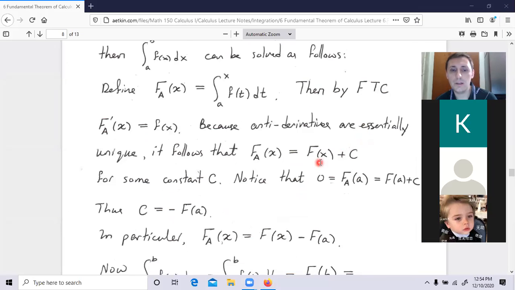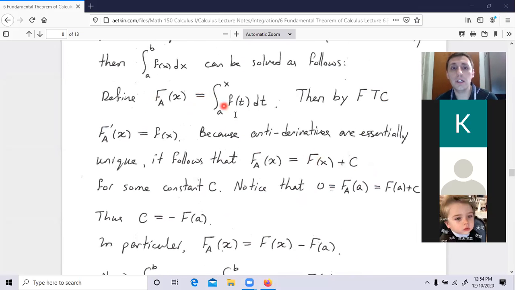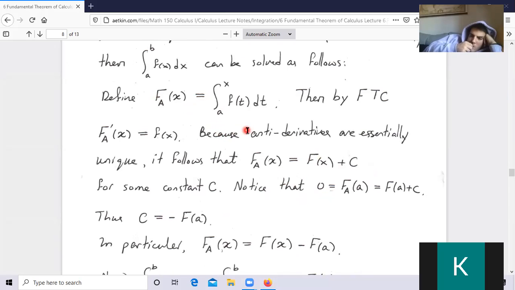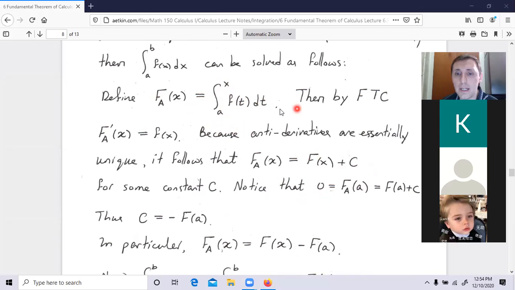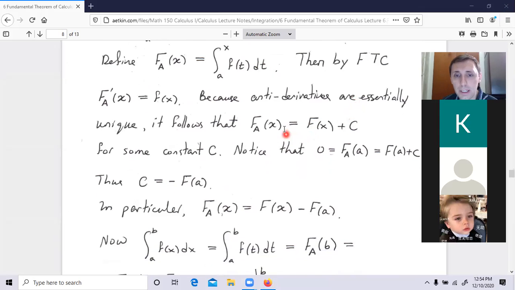So in general, I can establish how to find the c so that I don't have to think of it all the time anew. If I integrate from a to x, f of t dt, then what do I get? If I can guess an antiderivative, this complicated integral function is equal to the simple antiderivative plus c. Now I plug in a and I get 0.